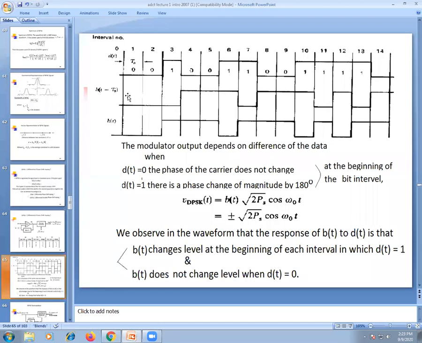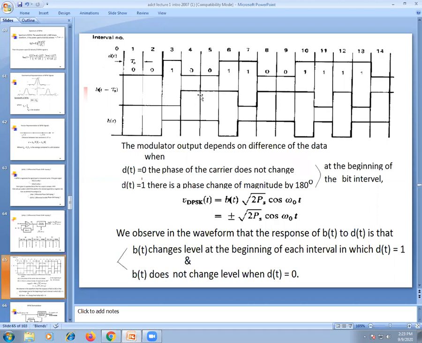Now, 0 and 0 gives what value? 0. This is the 1 bit delay.